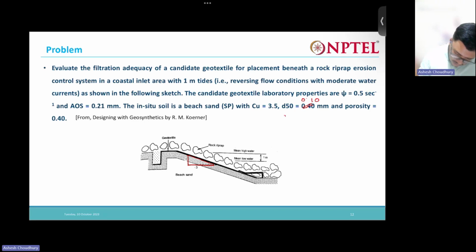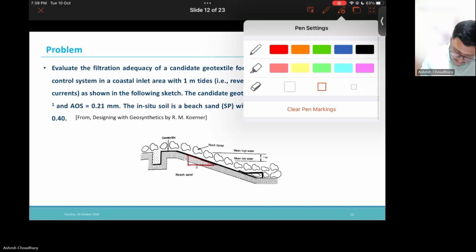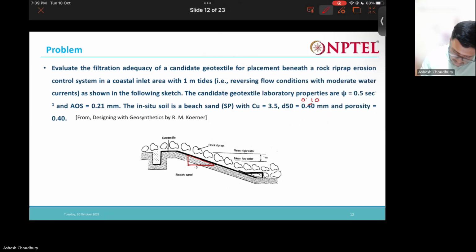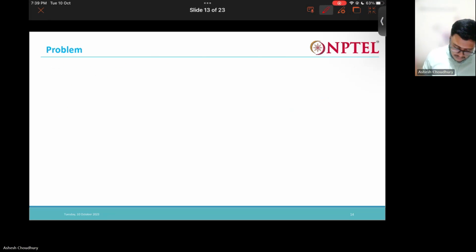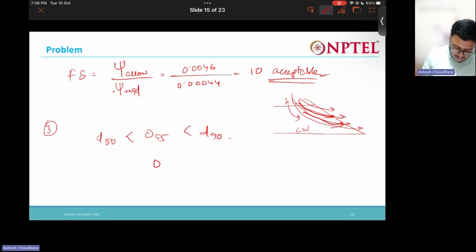And D90 is given as 0.10. And what is the apparent opening size given? 0.21. So 0.21 should be less than 0.400. Right.